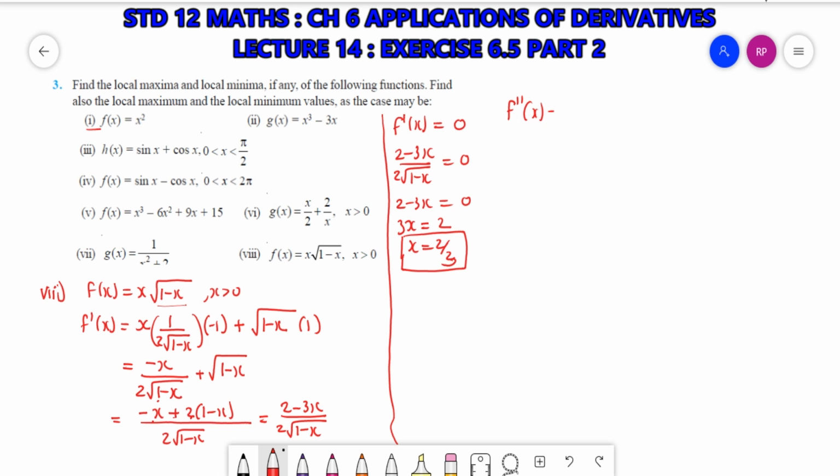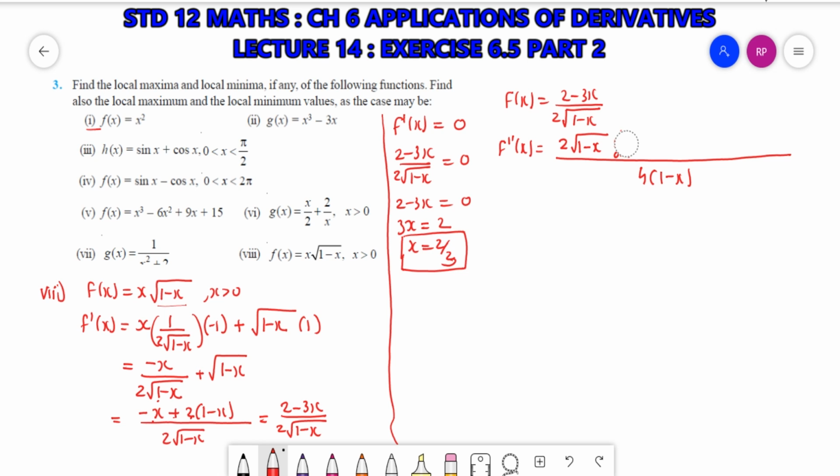F double dash x will be equal to, for that I need to write f dash x first: 2 minus 3x upon 2 root 1 minus x. So f double dash x, taking u by v, the denominator squared: 4 into 1 minus x, because root of 1 minus x squared will be 1 minus x. Now v as it is, into d by dx of 2 minus 3x.